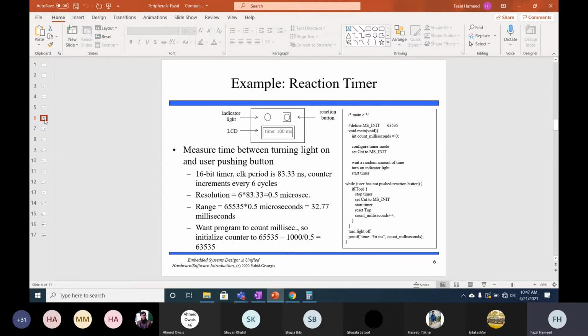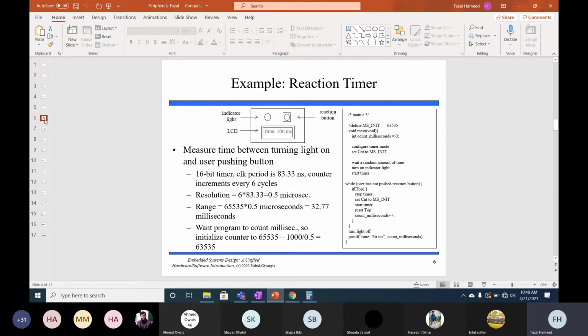I'm just reading this: it measures the time between turning the light on and the user pressing the button. Okay, and there is some indicator, so it's just like a stopwatch. In a stopwatch you have a stop and a start.